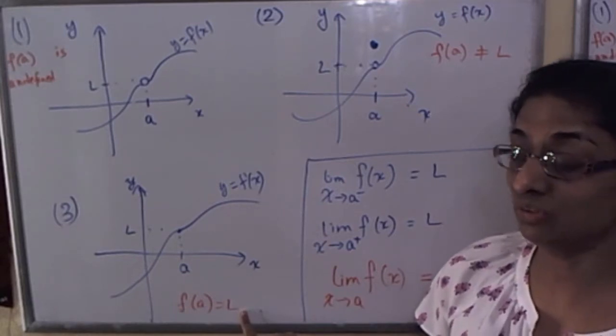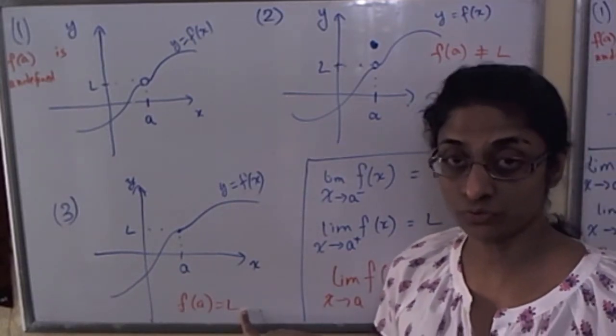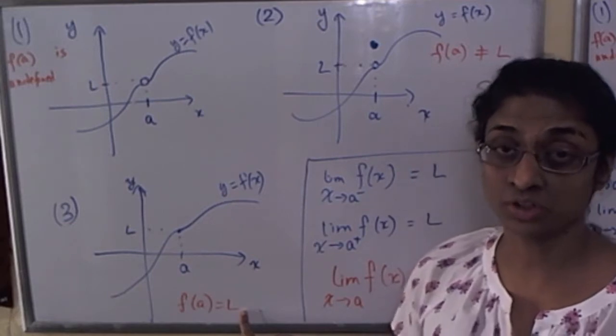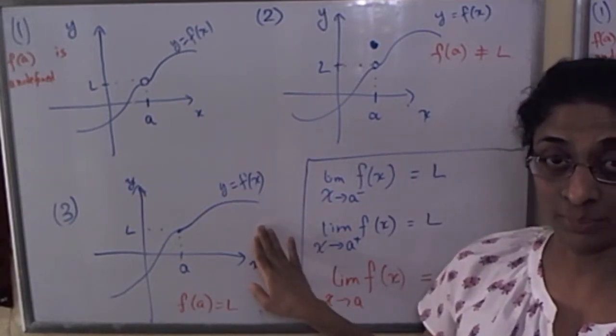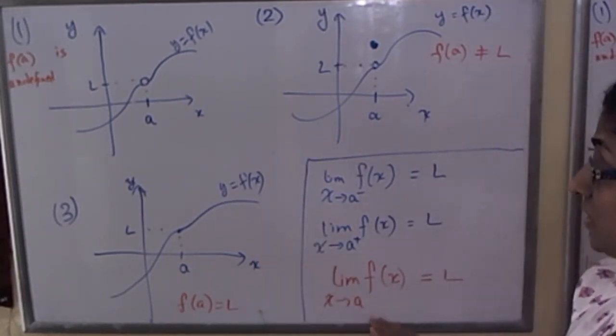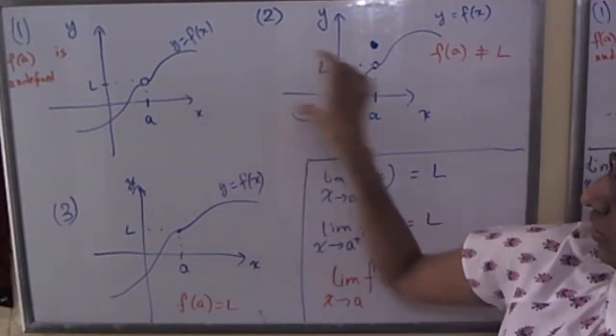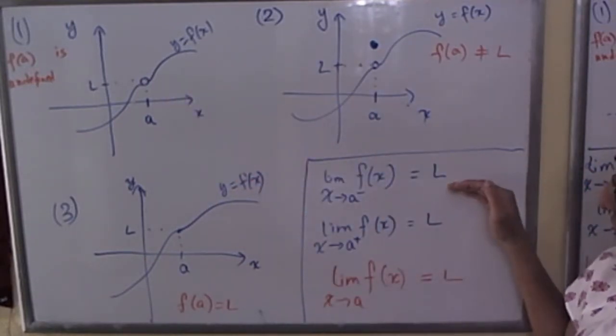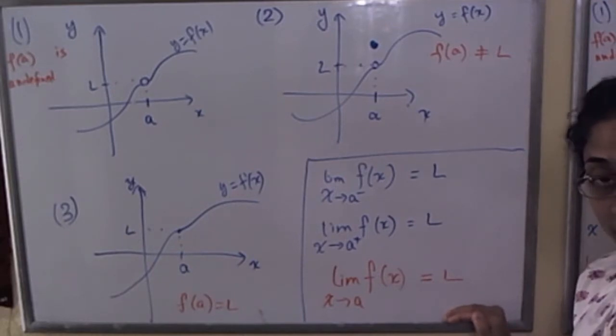In another video, when we discuss continuous functions and the concept of continuity, we'll come back to this example. For now, try to understand why for 1, 2, and 3 these answers remain the same.